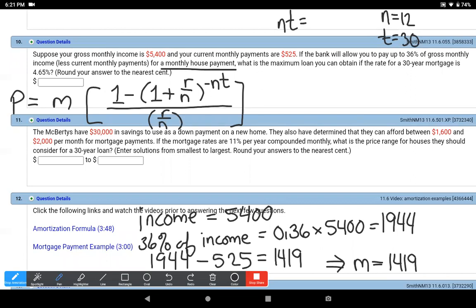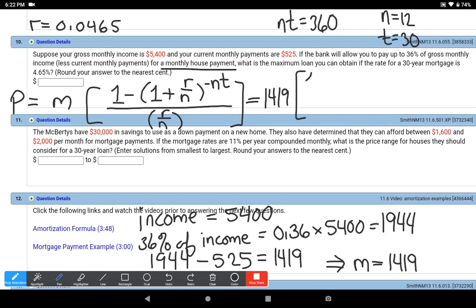That makes NT 360, right? We have a rate, they told us, of 0.0465 in decimal form. And then we just enter it into our calculation, right?